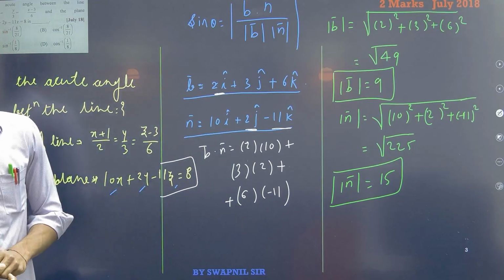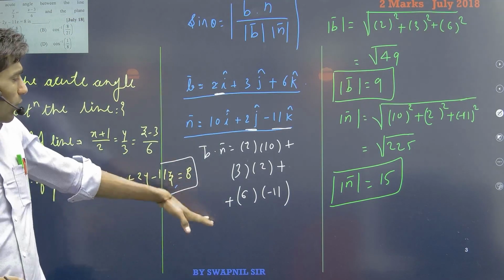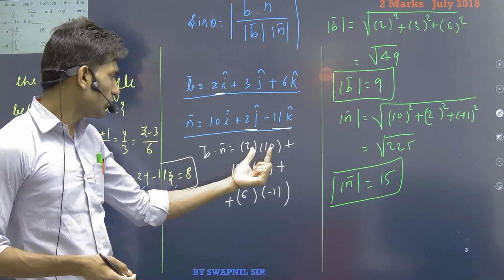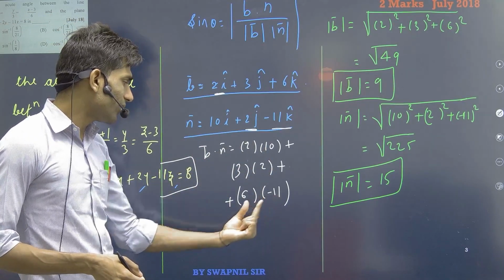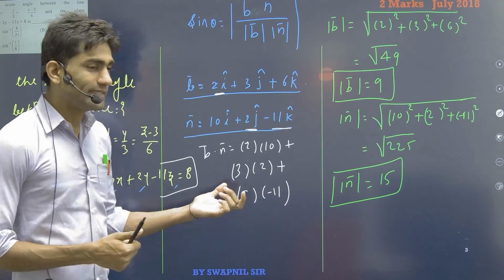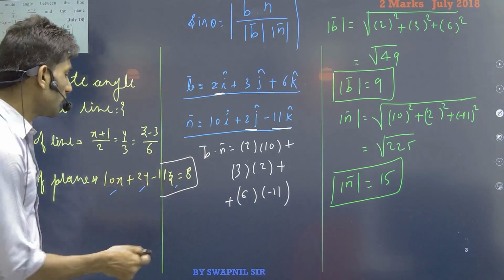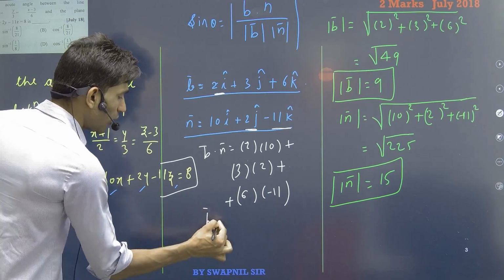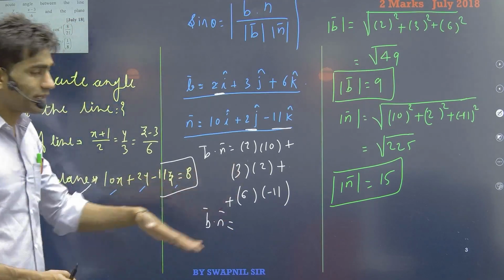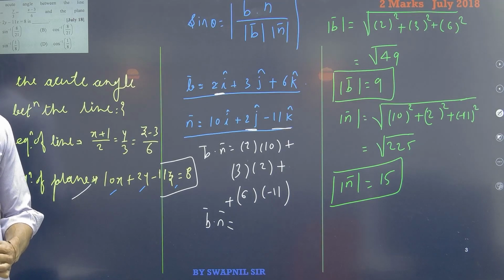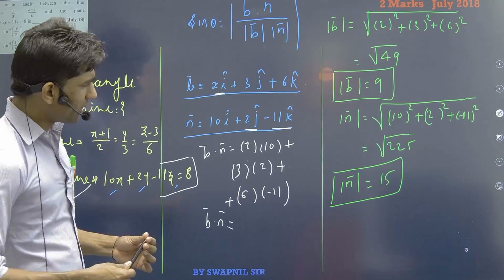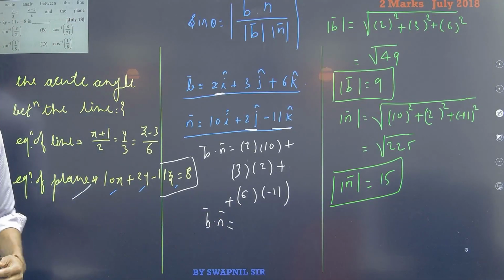That is 20, 6, and minus 66. Finding the calculation, we get b bar dot n bar.